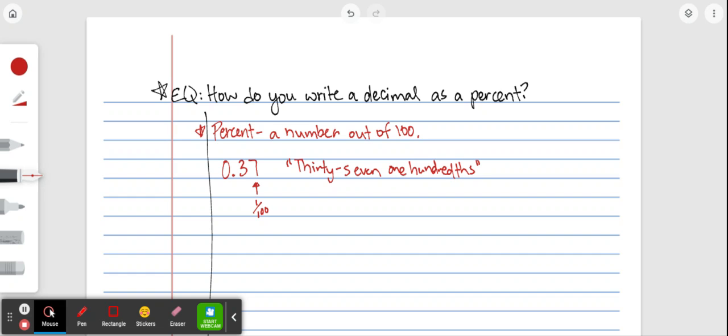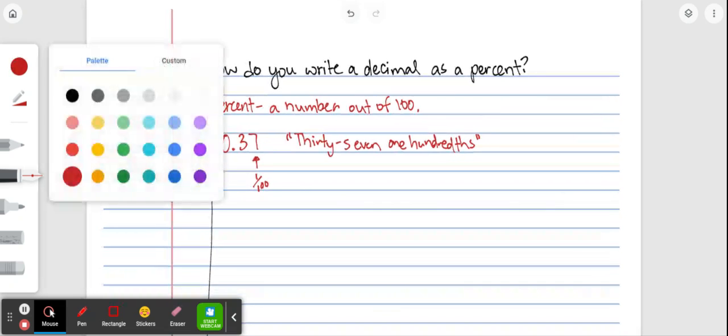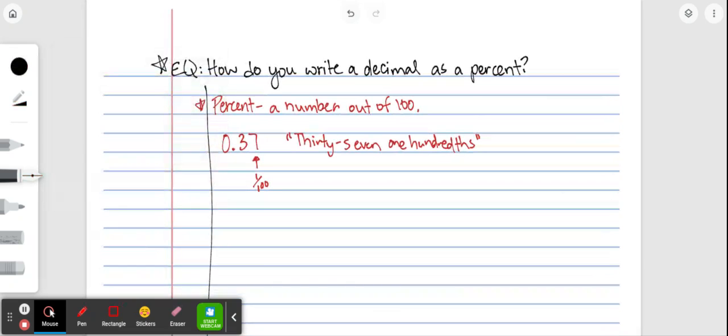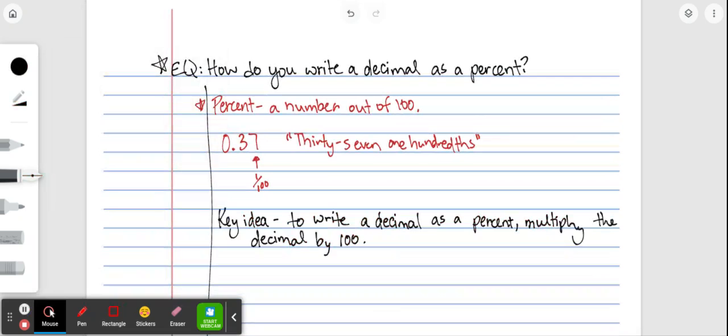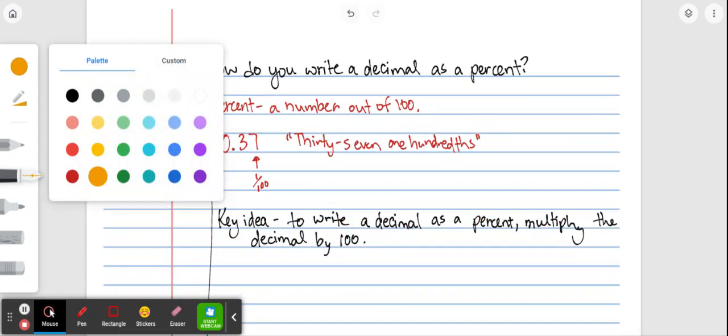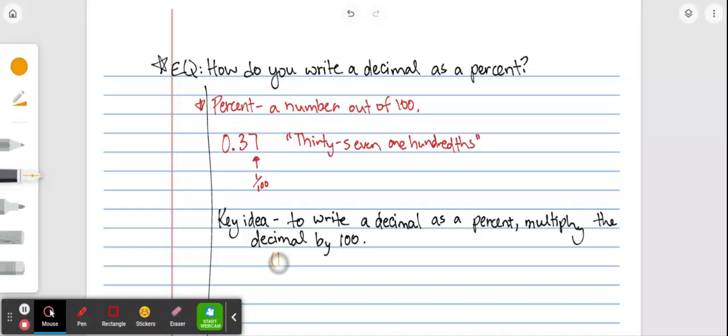So we're going to start with a key idea about making a decimal into a percent. The key idea is if you're writing a decimal as a percent, you're going to multiply the decimal by 100. And this is because a percent means out of 100.